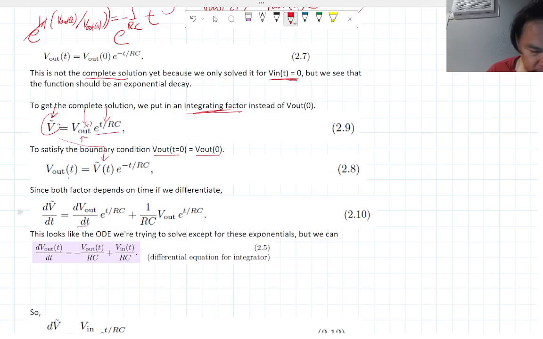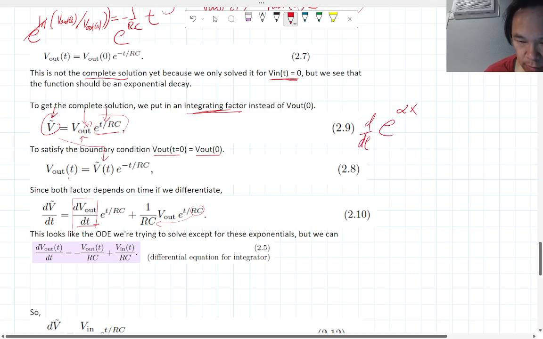One is going to be a differential of V out. The other is going to be a differential of e to the t over RC. In that case, basically this 1 over RC factor falls out, because if you differentiate e to the alpha x, differentiating the right variable, you just end up with alpha times e to the alpha x.